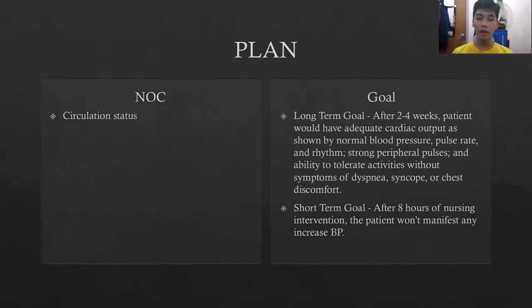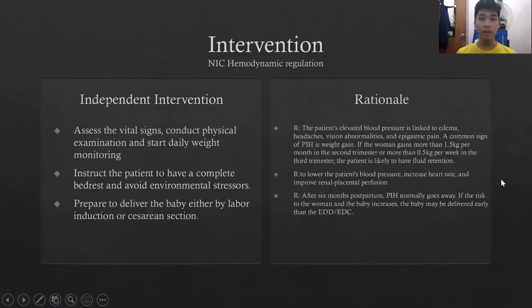For our short-term goal, this goal must be met within the nurse's shift. After 8 hours of nursing intervention, the patient won't manifest any increased blood pressure. So for our intervention, in the nursing intervention classification, hemodynamic regulation, independent intervention: assess the vital signs, conduct physical examination, and start daily weight monitoring.